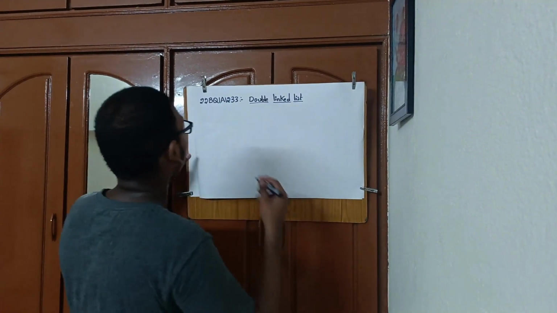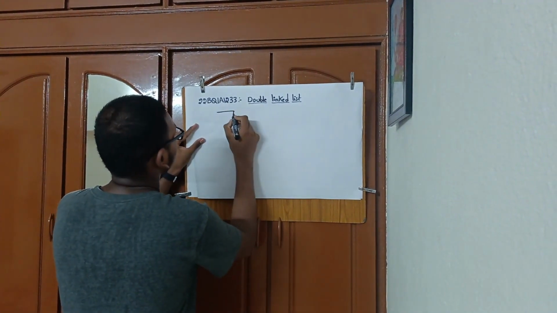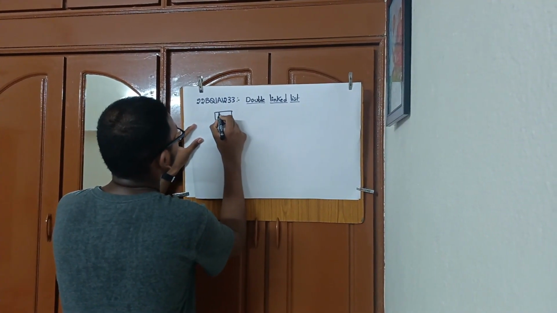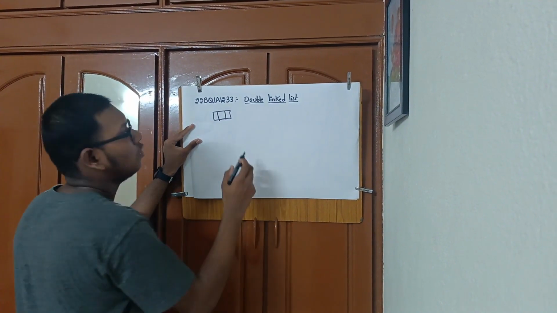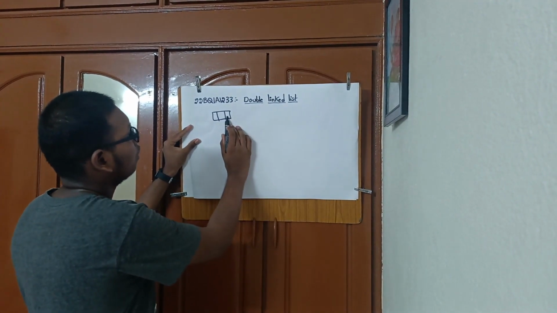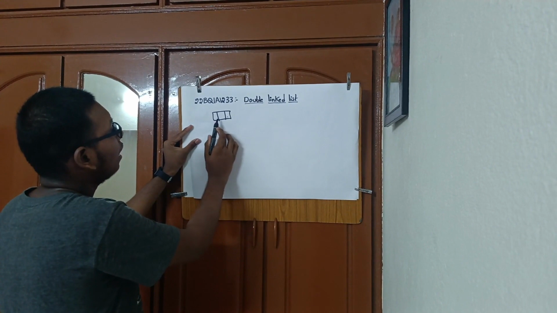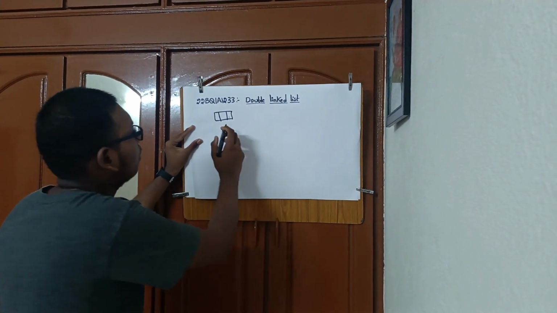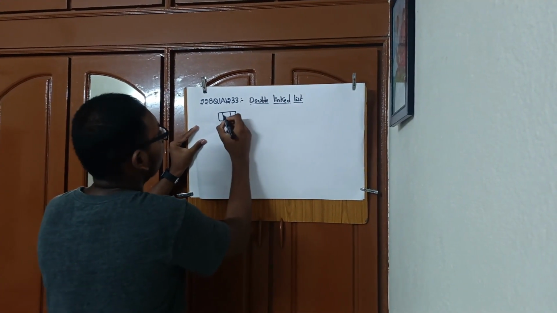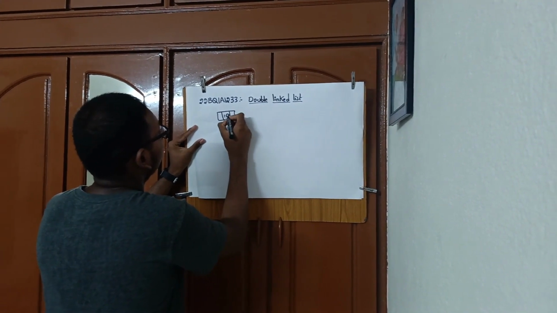So here is an example of a double linked list. So here there are two parts. One part is the next part and the other is the previous part, and the middle one is for data.